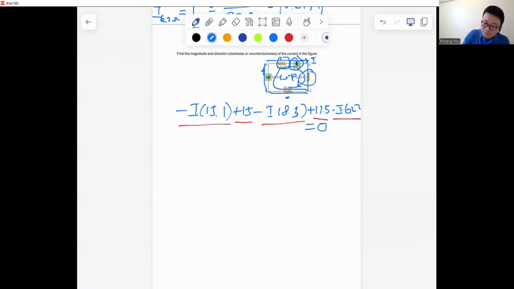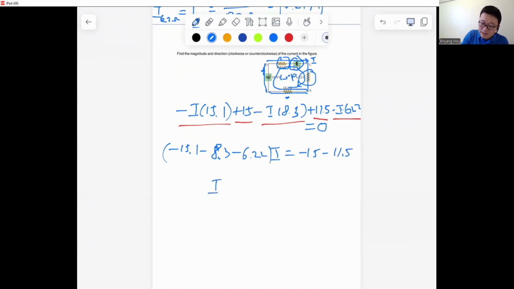So this will be the negative of 15.1 plus 8.3 plus 6.22 all together times I. And then I'll move the other two numbers to the other side of the equation, so they become minus of 15 plus 11.5.